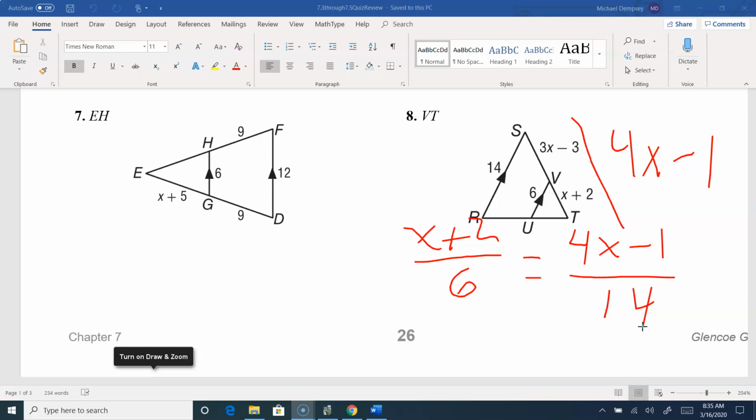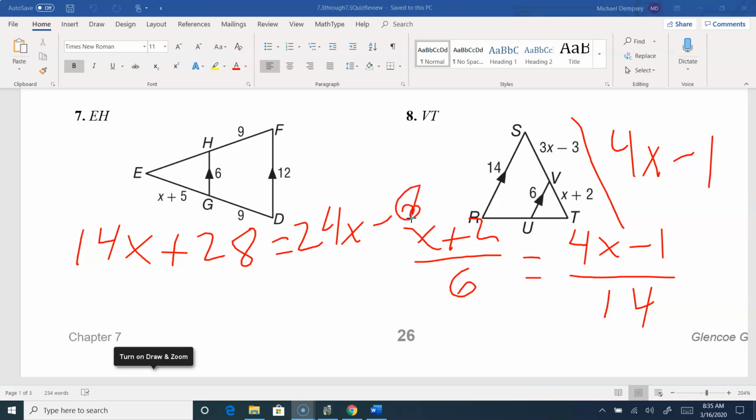So when I do this, I get 14x + 28. Okay? And I'm going to set that equal to 6 times 4x. That's 24x. And then minus 6. Okay?